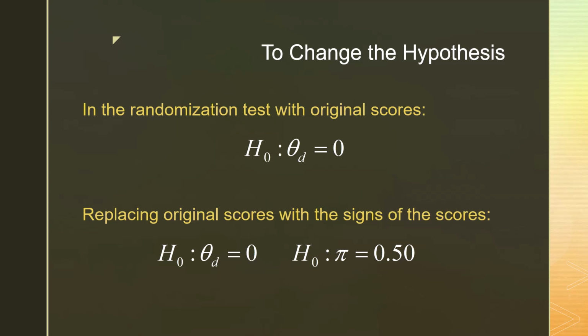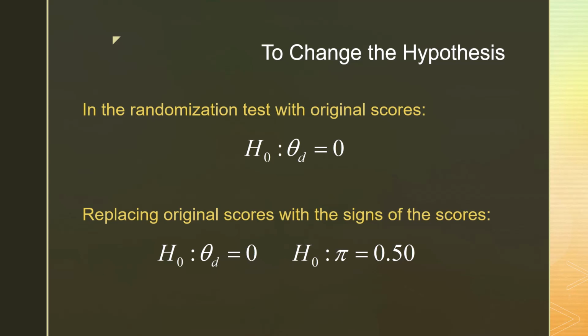You can continue to focus on the median of the difference scores, that is, you can continue to focus on the location of the distribution and how much that location shifts as the result of a treatment, or you can focus on the proportion of the matched pairs in which you obtain a plus sign, that is, in which the member of the pair that is in the treatment condition outperformed the member of the pair that is in the control condition. This would be more closely associated with a research hypothesis that states that the treatment will help some proportion of the population improve, in essence switching the focus from a hypothesis about distribution center to a hypothesis about proportional improvement.